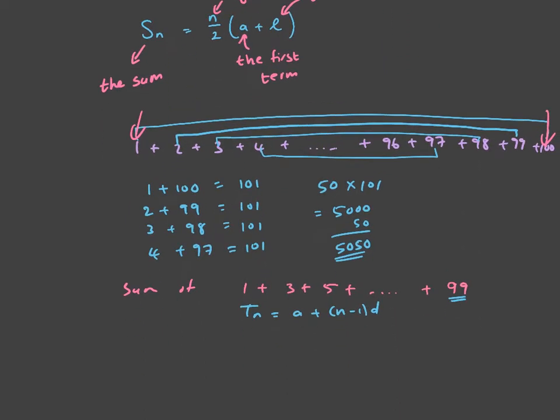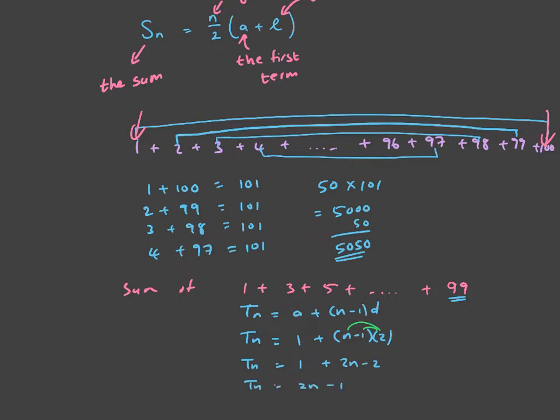So Tn is equal to a, which is 1, plus (n minus 1). And what's the difference here? Well, it's 2. So Tn is equal to 1 plus 2(n minus 1), and then you just expand that, so that's going to equal 2n minus 1. So therefore, the general term is equal to 2n minus 1.